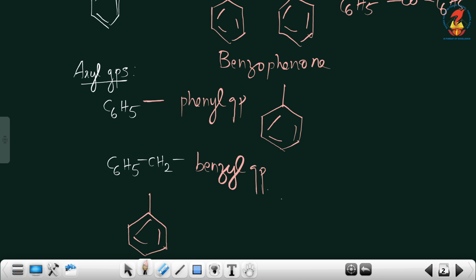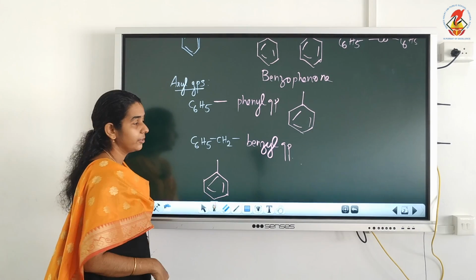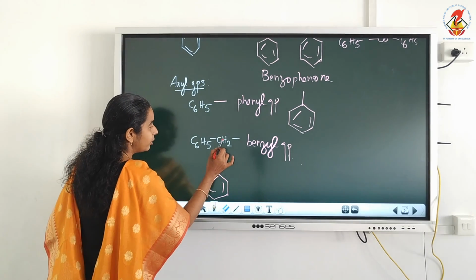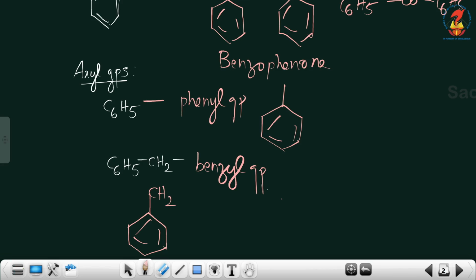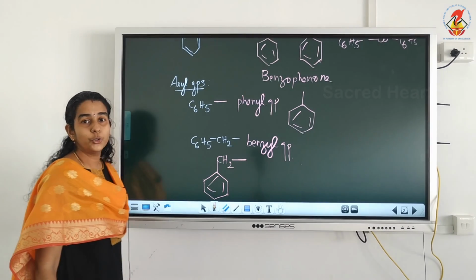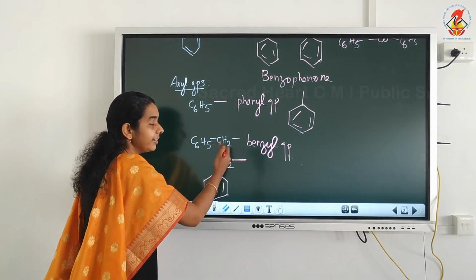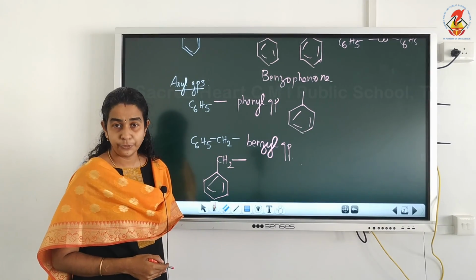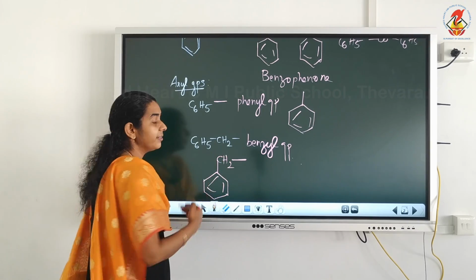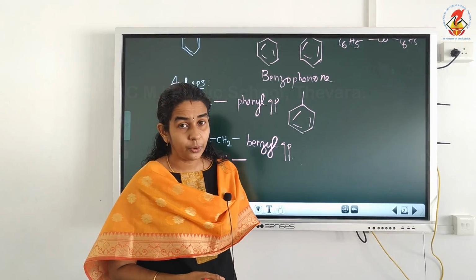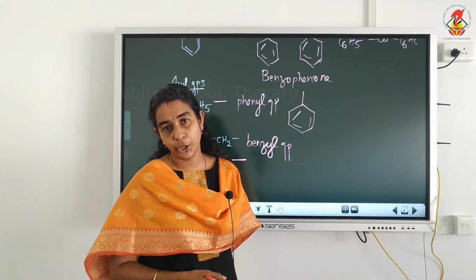It will be attached to something, some other carbon or something else. And which group is present here? CH2, and the free valency is on this CH2 carbon. So if it is a benzene ring coming as a branch, it will be called the phenyl group, and if it is a benzene ring containing a CH2 group, it will be called the benzyl group.